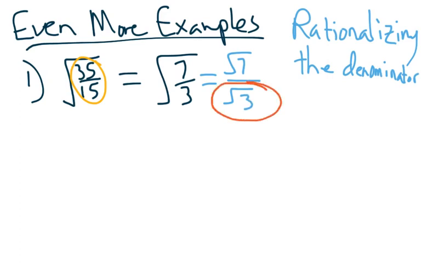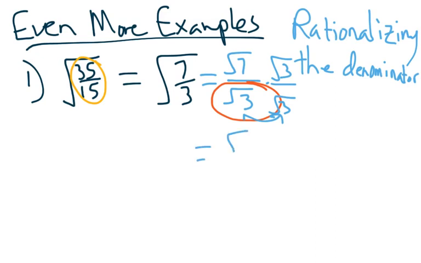This is a big no-no. You're not allowed to have a radical in the denominator. Now, you might be wondering why. I don't have a good answer for that. But what I do have is it's not that hard to get rid of it. What we do is multiply by what's down there as a 1. So you go square root of 3 over square root of 3. And what happens is these two square roots of 3 become just 3.